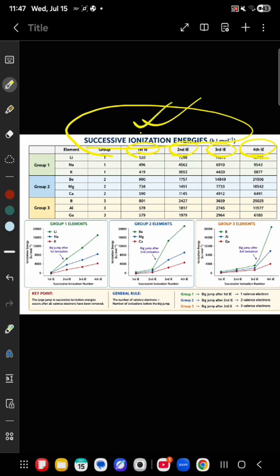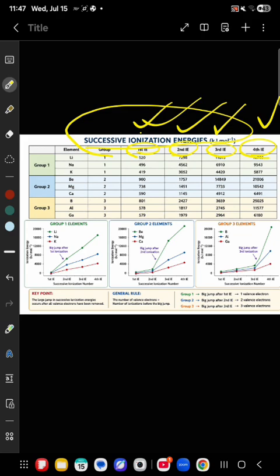The energy required to remove the second electron is called second ionization energy. The energy required to remove the third electron is called third ionization energy. And the energy required to remove the fourth electron is called fourth ionization energy. Fifth, sixth, seventh, eighth, ninth, and so on.